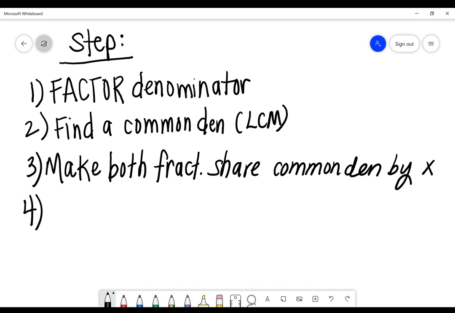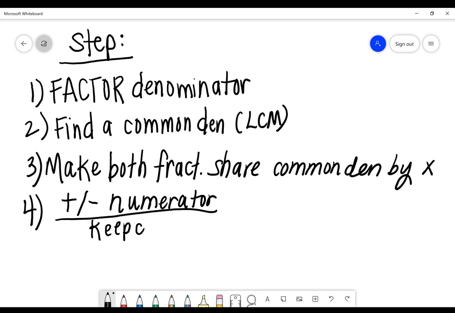After that, we want to add or subtract the numerators, and we want to keep the denominator the same. And then our last step would be to multiply and combine like terms in the numerator.